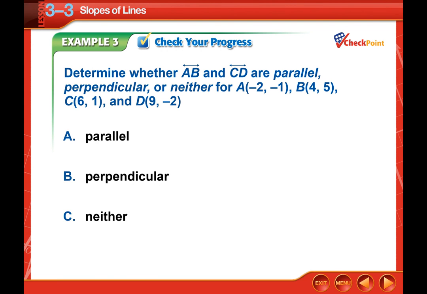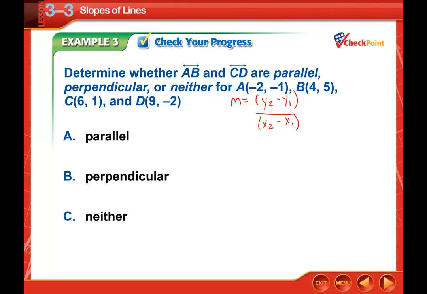Okay, determine whether these two lines, AB and CD, are parallel, perpendicular, or neither. Okay, so we're going to do the same thing. Remember that slope is y2 minus y1 divided by x2 minus x1.